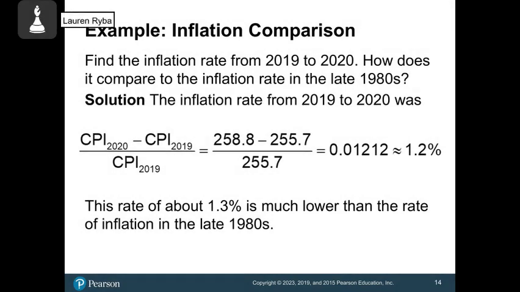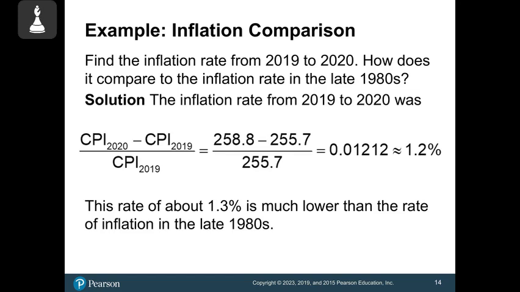As we mentioned a few slides ago, inflation can be calculated from our CPI. So we can determine the rate of inflation from the year 2019 to 2020 using the relative change formula, the percent change formula that we did earlier in this chapter. So for 2019 to 2020, I'm going to take the CPI for 2020 minus the CPI of 2019, divided by 2019, which is what we started with.